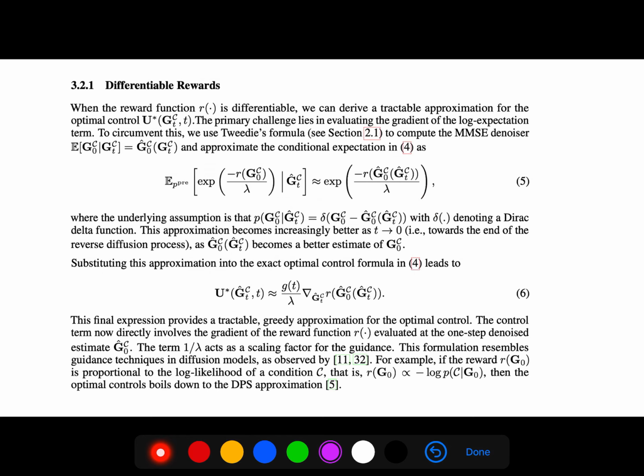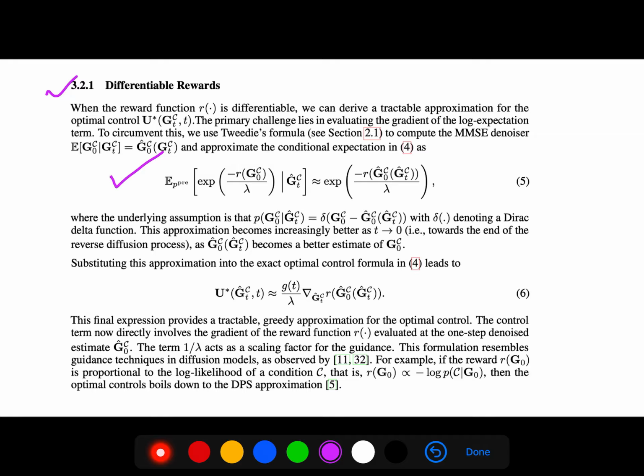So first we start with differentiable rewards. When the reward function R is differentiable, we can derive a tractable approximation of the optimal control. The primary challenge lies in evaluating the gradient of the log expectation. So we use the Tweedie formula to compute the MMSE denoiser. So we approximate the conditional expectation like this.